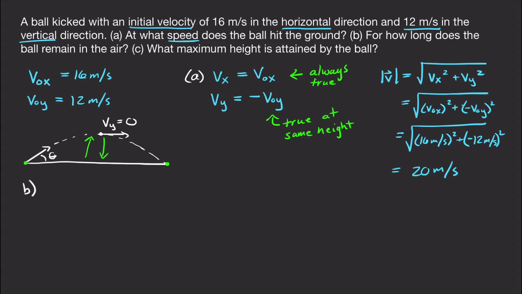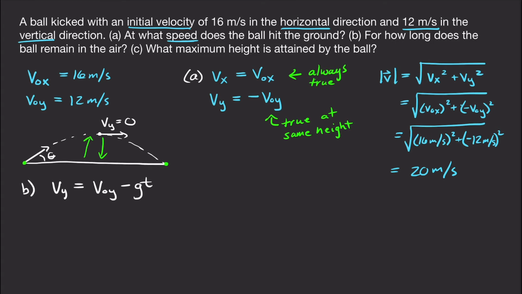For part B, it asks for how long the ball remains in the air. Well, I know Vy when it hits the ground. I know V naught y that it started at. So if I look at my first kinematic equation, what I call the easy kinematic equation because it's the shortest, I know Vy, I know V naught y, and I know the value of g, and I'm looking for time.